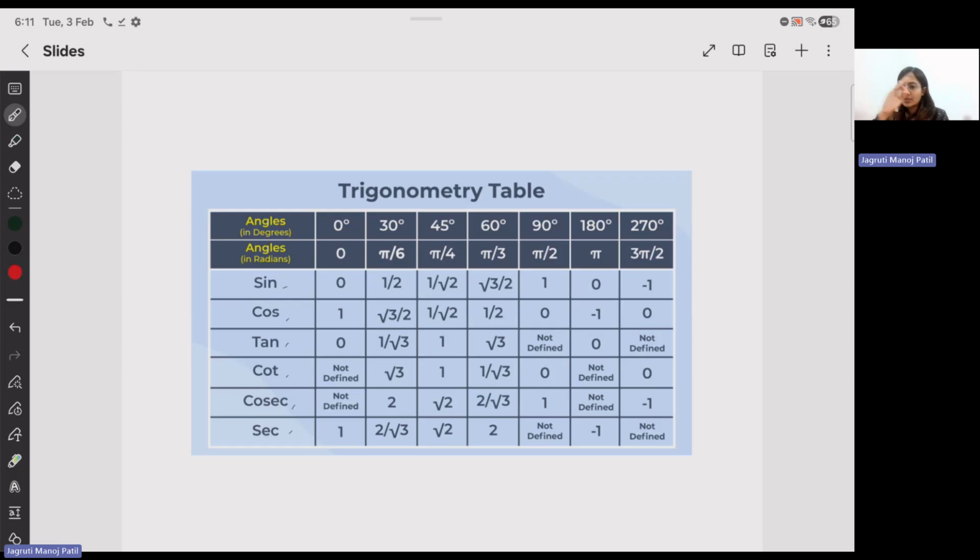One complete rotation is 360 degrees, and if you convert between degrees and radians you use pi by 180 or 180 by pi accordingly. If I change a degree from 0 to 270, the radian form changes accordingly. So pi is 180; if you divide that by 6, that becomes 30, right? So here you can see the conversion itself.